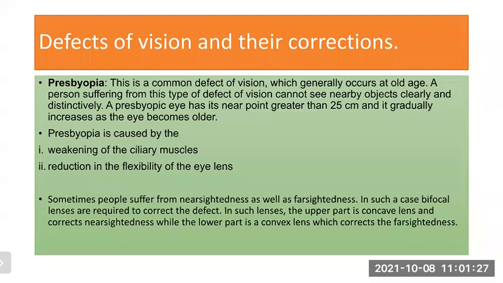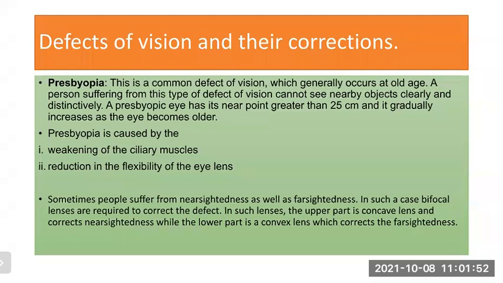Now it also happens that sometimes people suffer from nearsightedness as well as farsightedness. So in such a case, bifocal lenses are required to correct the defect. In such lenses, the upper part is a concave lens and corrects the nearsightedness, while the lower part is a convex lens which corrects the farsightedness.